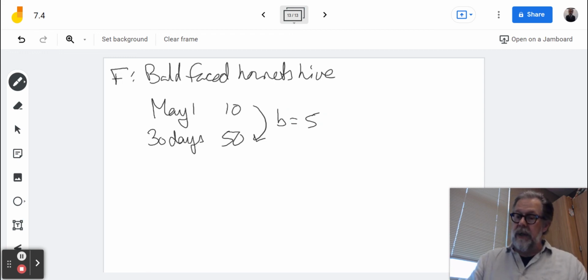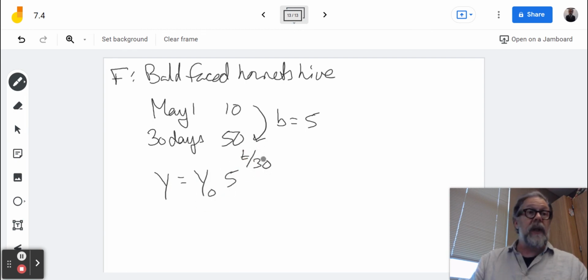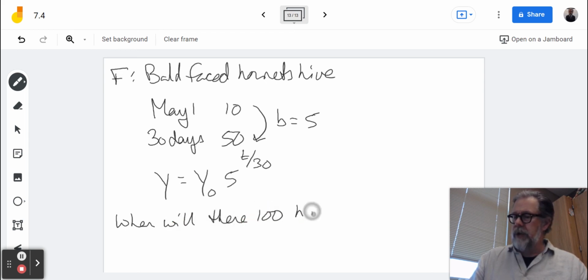I know how long it takes, which means I can dive right in and write an equation: 5 to the t over 30. In days, when will there be 100 hornets in the hive? 100 is 10 times the original amount.